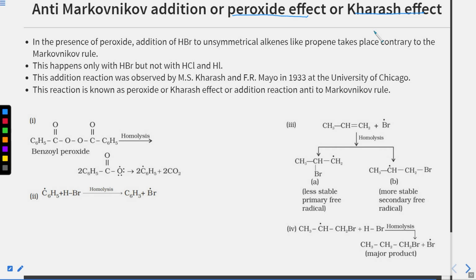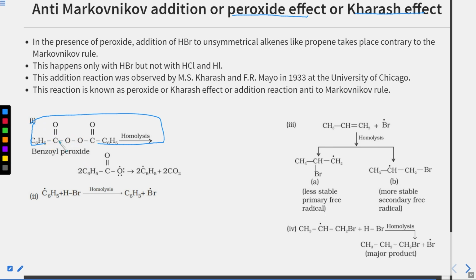Now the previous method you have seen was following a carbocation intermediate, so ionic intermediates are being formed. But in the case of the anti-Markovnikov rule, we have the formation of radicals rather than ions. The reagent we add here is benzoyl peroxide.